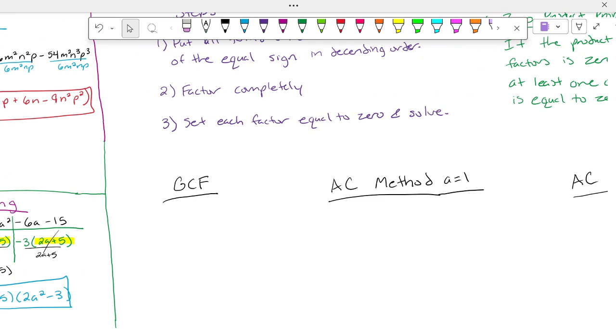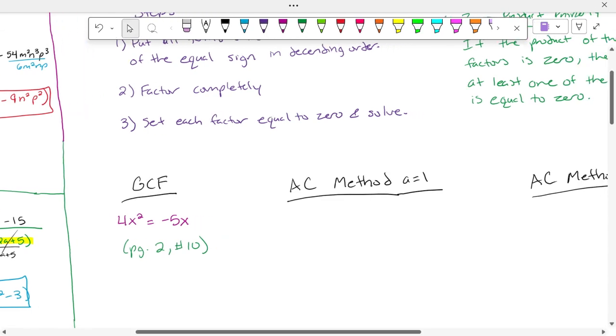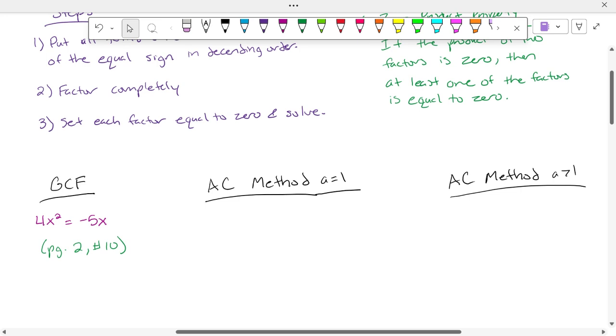So for GCF, I'm going to do this example. So 4x squared is equal to negative 5x. And this is on page 2, and it's number 10 of your packet. So again, you got to go back and put in the work later.